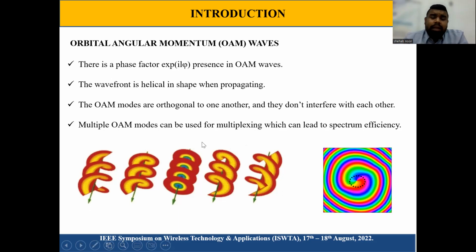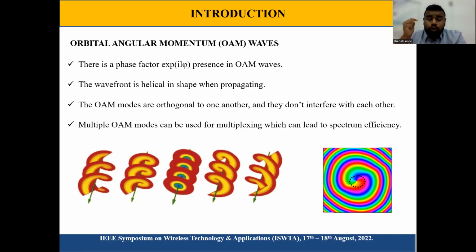In OAM waves, we have something called topological charge or mode. Topological charge basically determines the number of twists or rotation in one complete cycle. So topological charge or OAM mode 1 means there will be one twisting in one complete cycle.